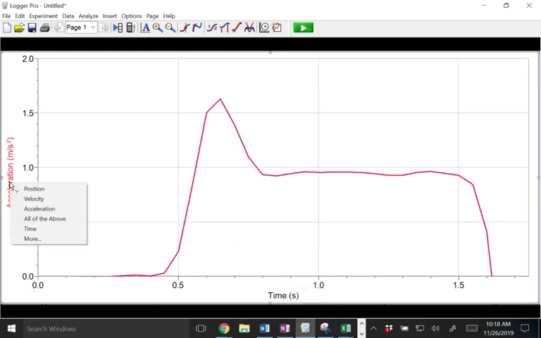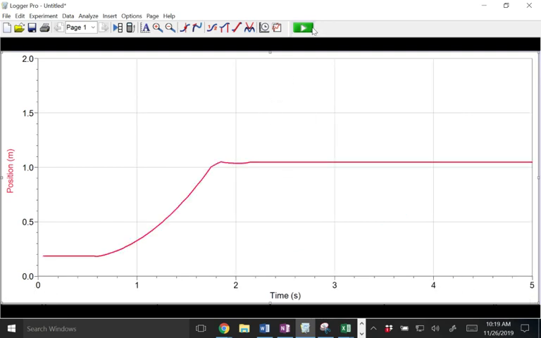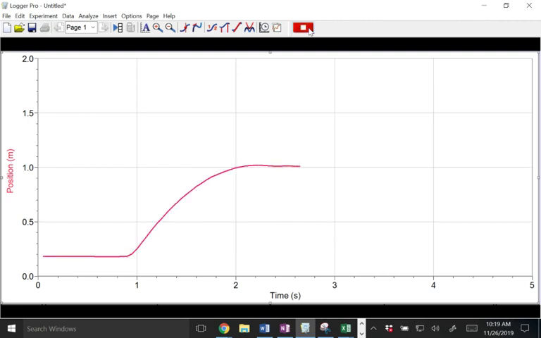So I'm going to switch this back to position. I'm going to switch this back to 5 seconds. And I'm going to swing this. Push and a pounce and a push. How do we do in our prediction?